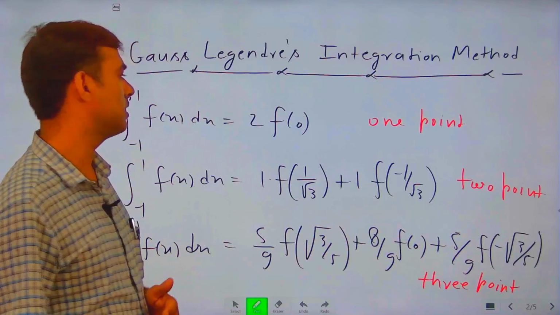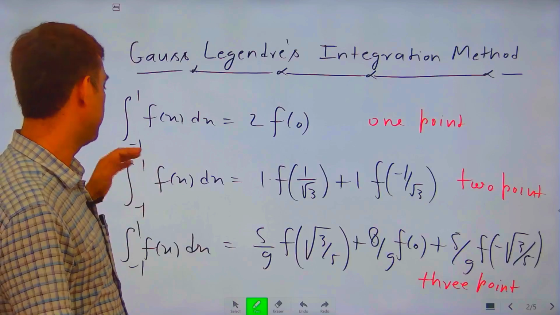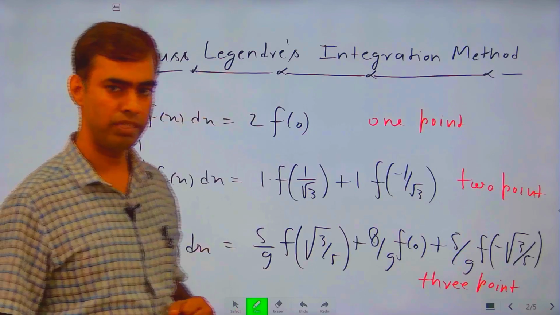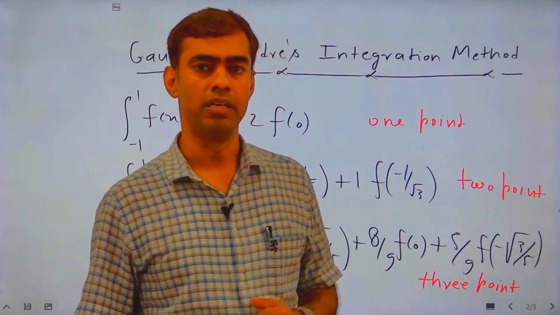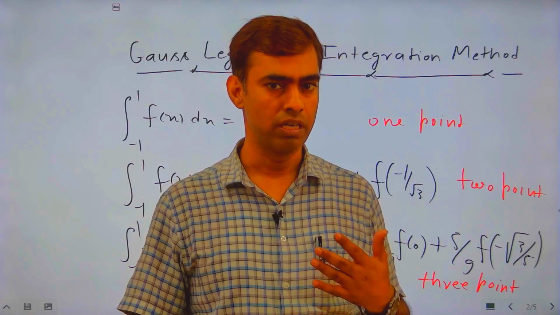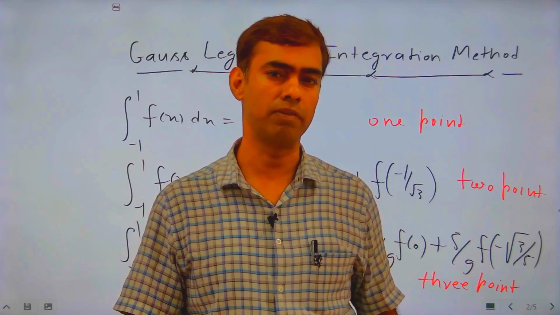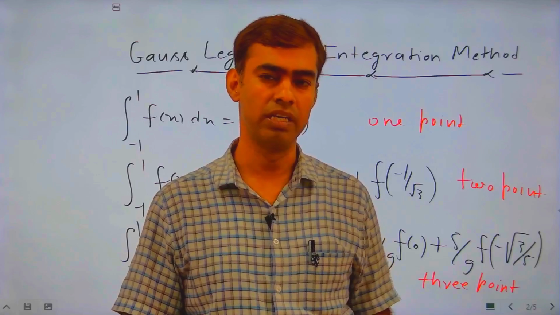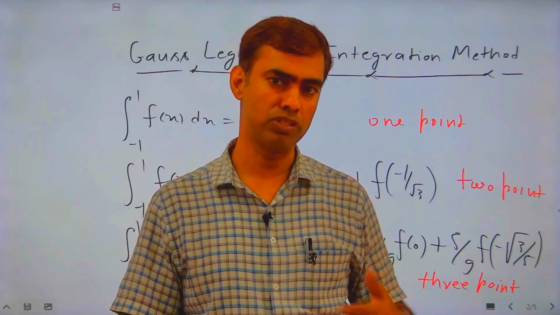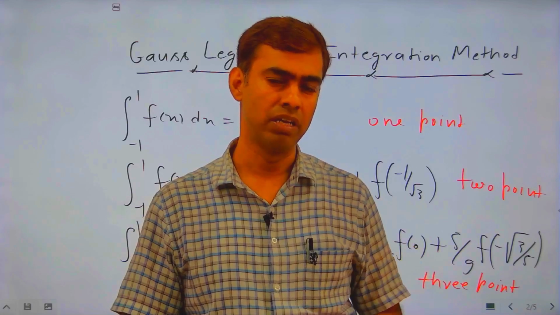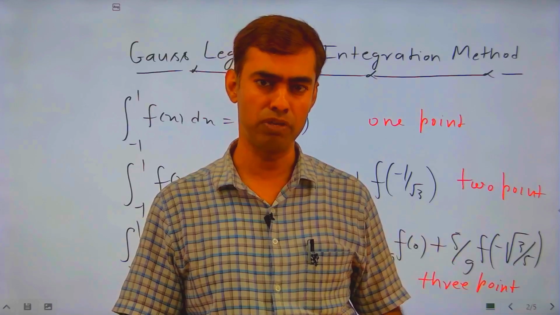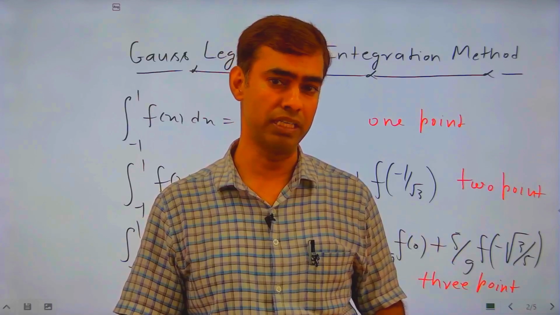Putting them in, we find the integral from minus 1 to 1 of f(x) dx. Any numerical integration can be solved with the Gauss-Legendre method once we convert the given integration into a Gaussian form.